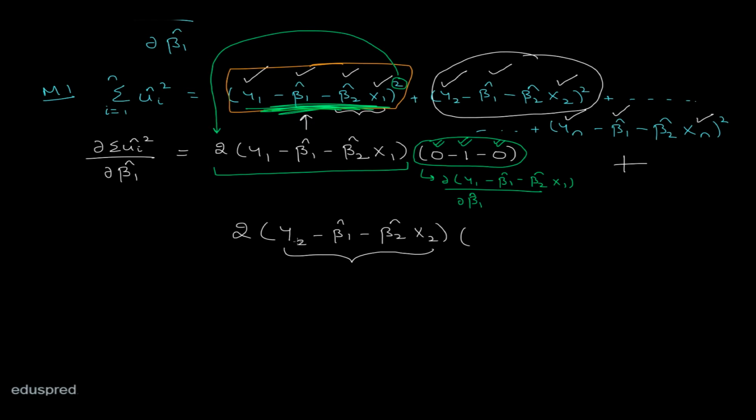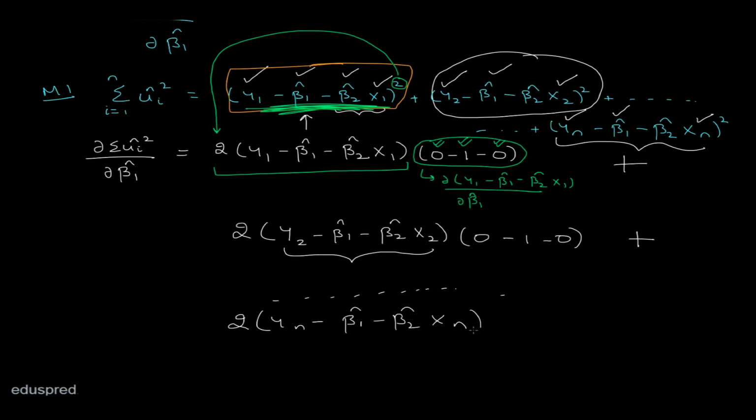If you differentiate y2 with respect to beta 1 hat, you're going to get 0, because y2 is a constant, the second value of y in our demo sample, and when you differentiate a constant, you get 0. The differentiation of minus beta 1 hat with respect to beta 1 hat is going to be minus 1, and the differentiation of minus beta 2 hat x2 with respect to beta 1 hat is going to be 0. Similarly, we can do this for the nth term. For this particular term, we will have 2 multiplied by yn minus beta 1 hat minus beta 2 hat xn, and once again using the chain rule, we will have 0 minus 1 minus 0 over here.